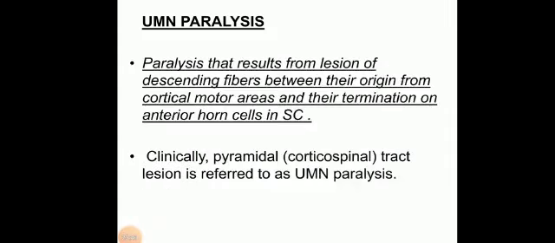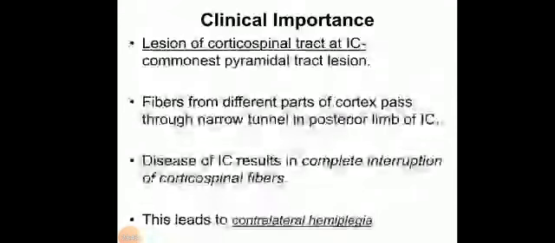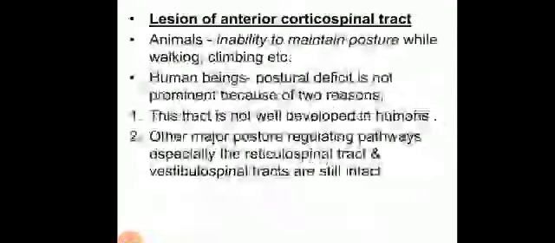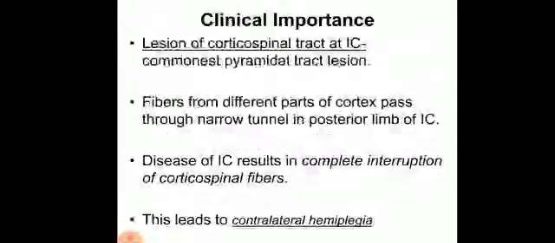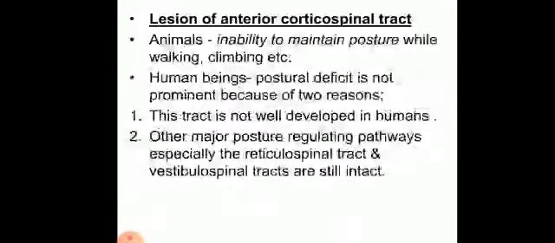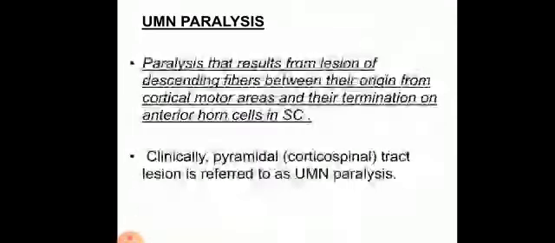So I think we wind up the corticospinal tract, both the lateral and the anterior corticospinal tract, under different headings like origin, course, termination, effect of lesion, and also the clinical importance.